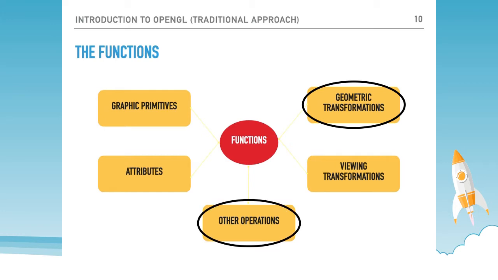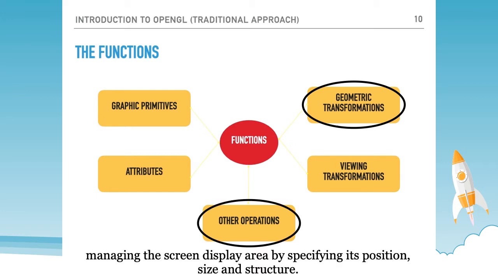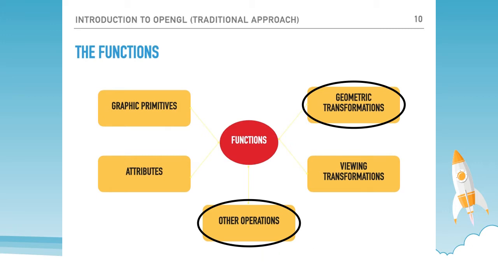Other routines are available for managing the screen display area by specifying its position, size, and structure. For three-dimensional scenes, visible objects are identified and the lighting conditions are applied.